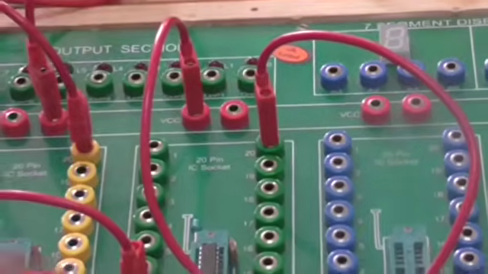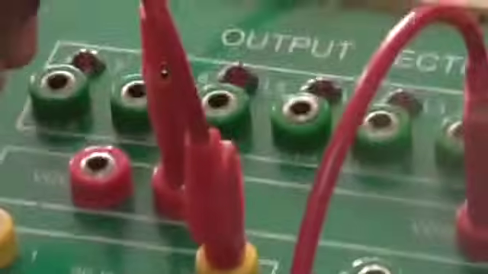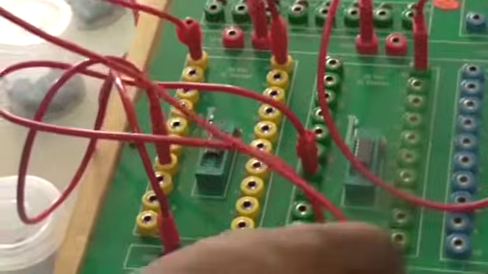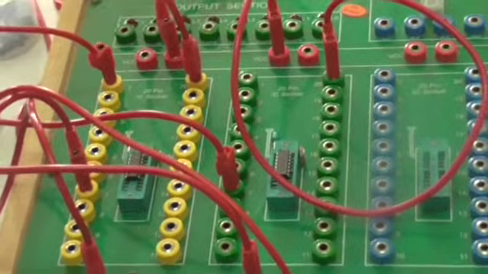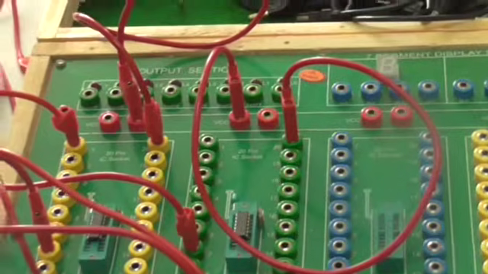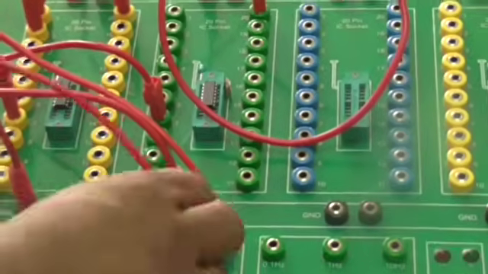Okay, now we will do the functionality. If you see the diagram, A and B are the first two inputs to the XOR gate. Now this is the first input, connected to the input section. Now the second input is also connected to the input section.